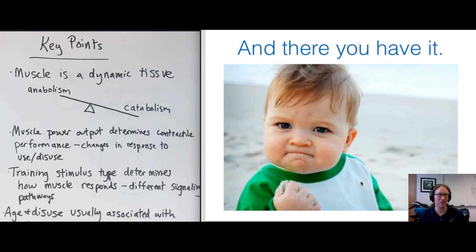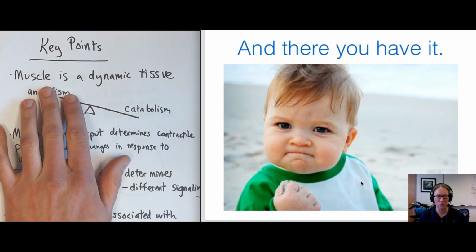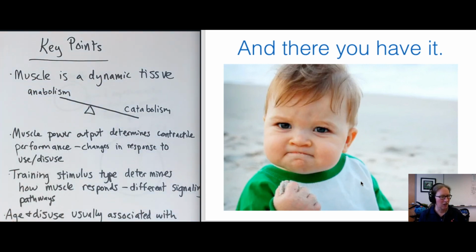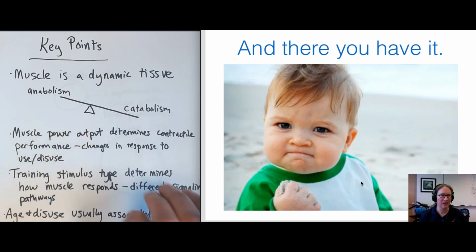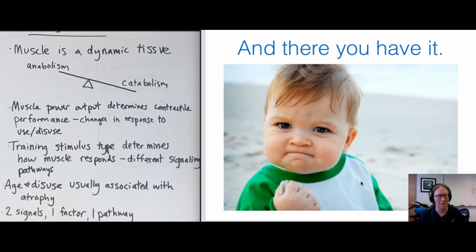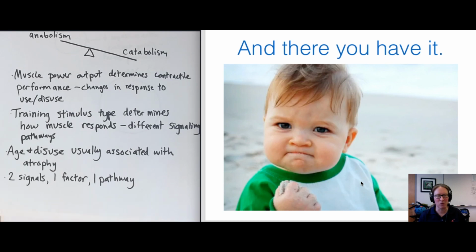So hopefully from this lecture you've come to appreciate how muscle is really a very dynamic tissue. Muscle mass is a result of a balance between anabolic and catabolic processes. Muscle power output will determine its contractile performance and can change and will change in response to use and disuse. The type of training stimulus will determine how muscle responds and recruits different signaling pathways to facilitate those responses.